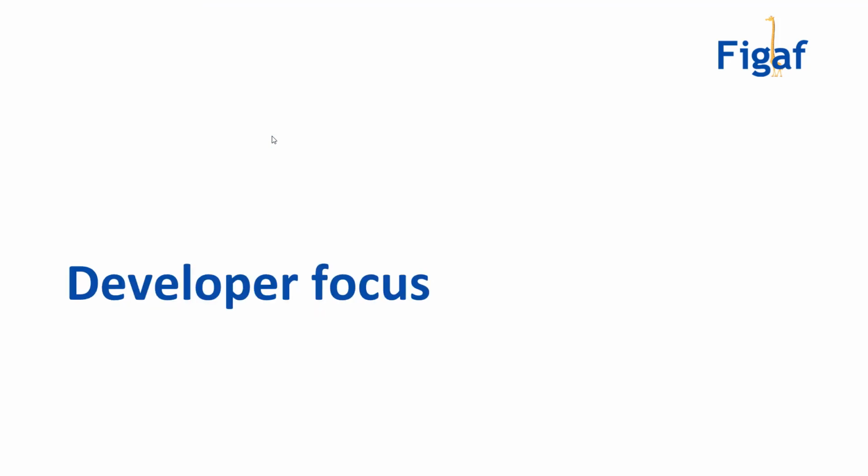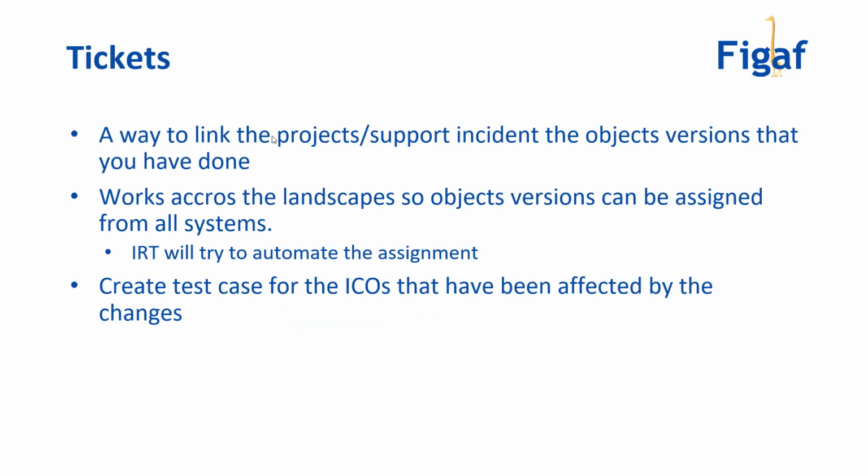And then we have this ticket functionality. This is a way that you can link all the different changes in your PI system to something that has triggered you to do these things.